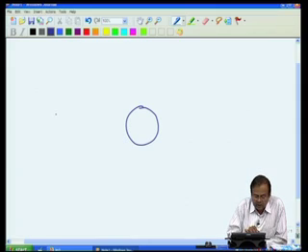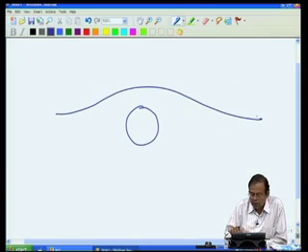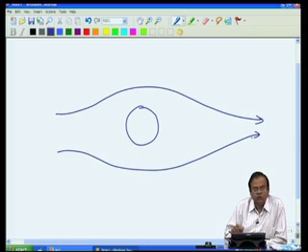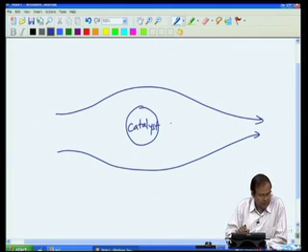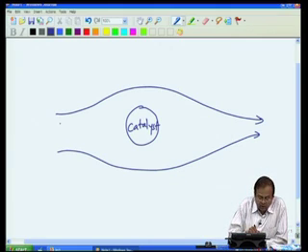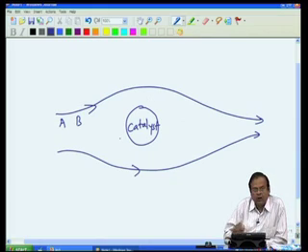So, let us say that there is a gas which is flowing past this solid catalyst. So, it is a situation of flow past a solid surface. So, our reactant, for example A, and the product B are flowing past this catalyst surface.